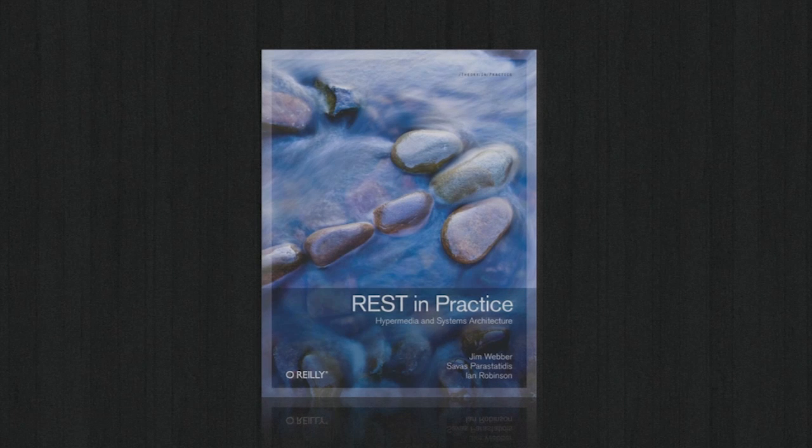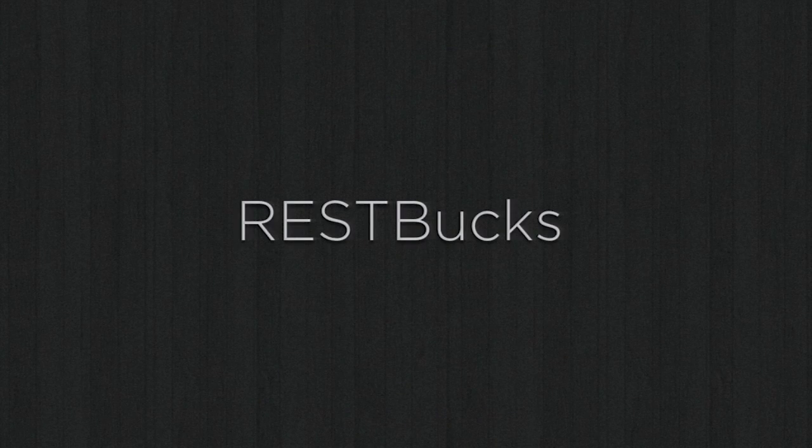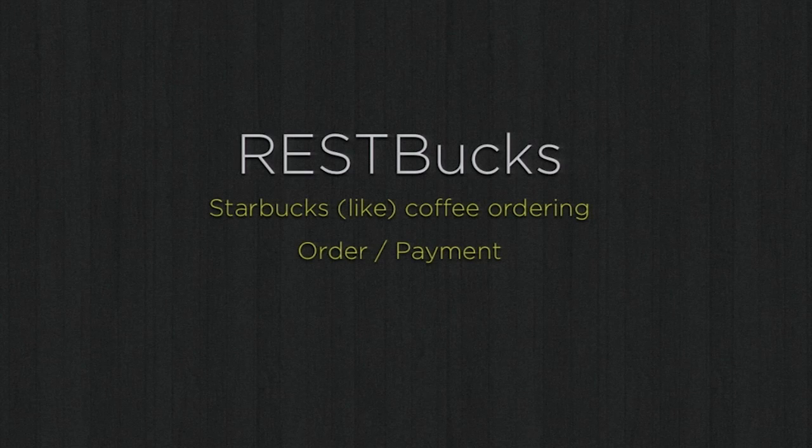And the core of the book is an example they call RESTBucks, which is a model, or an idealized model, of the way you order coffee at Starbucks. That's where the name comes from. It's not 100% identical to what that really looks like in Starbucks, but it's neat in that it's not so dumbly simple, right?